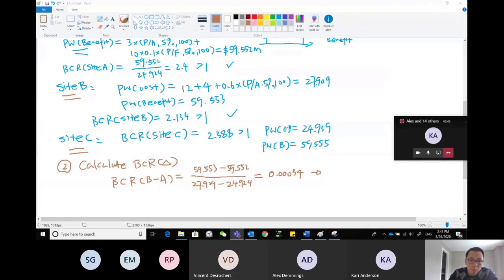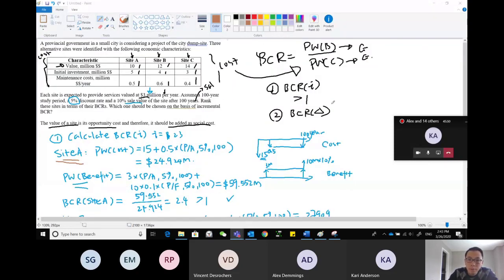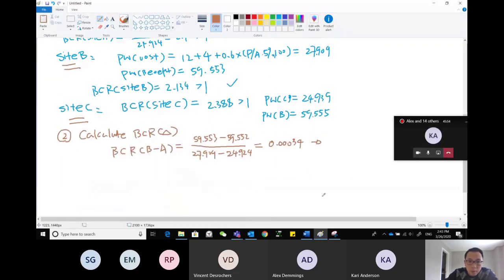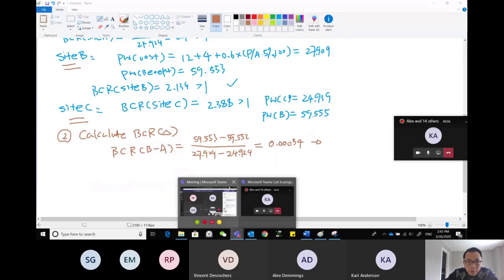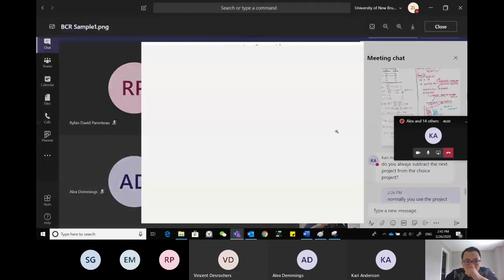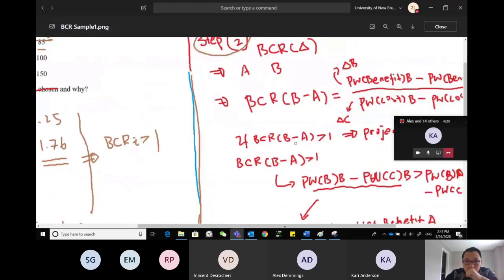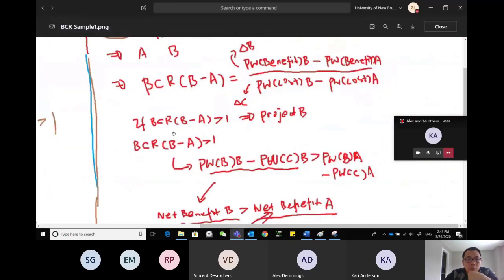So here for BCR delta, let me open the previous one. So when we have BCR B minus A, if B minus A is bigger than 1, then we select B, right?